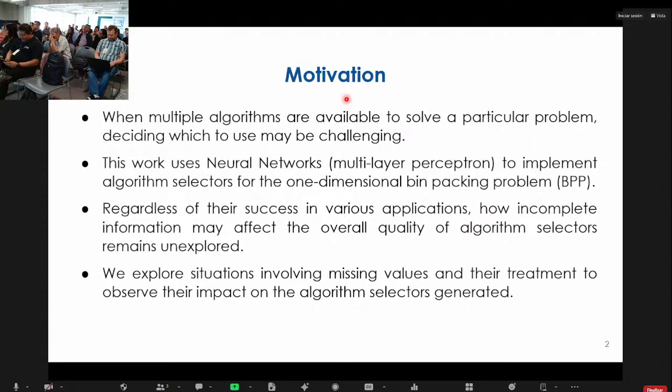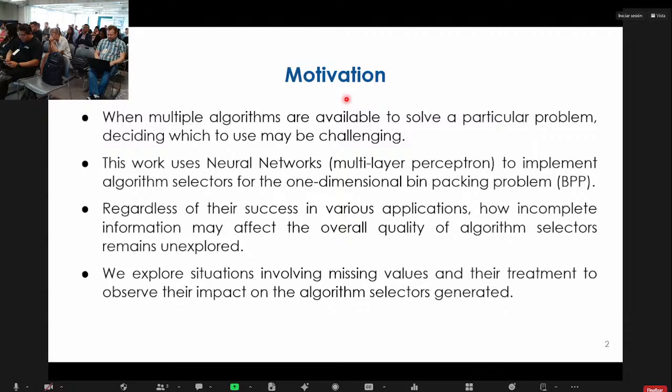Our motivation comes from the fact that there is already a lot of work on algorithm selectors, but we always assume that we have all the necessary data to establish a relationship between the problem characteristics and the best algorithm that will be our solver.